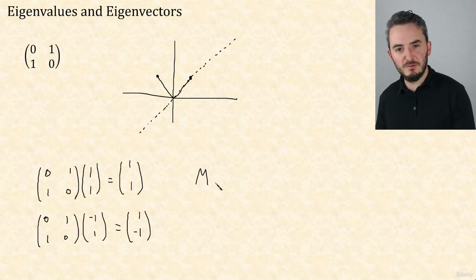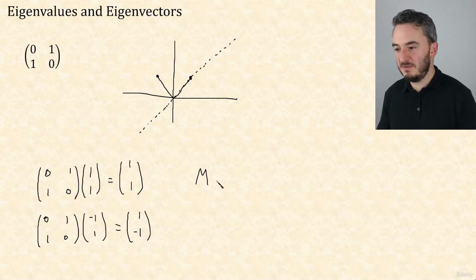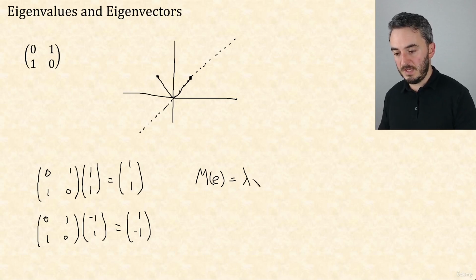We don't normally call vectors e, but it's e for eigen. If what I get out is simply a scaled version of e, so that is lambda e, then we can say that e is an eigenvector and it has a corresponding eigenvalue lambda.